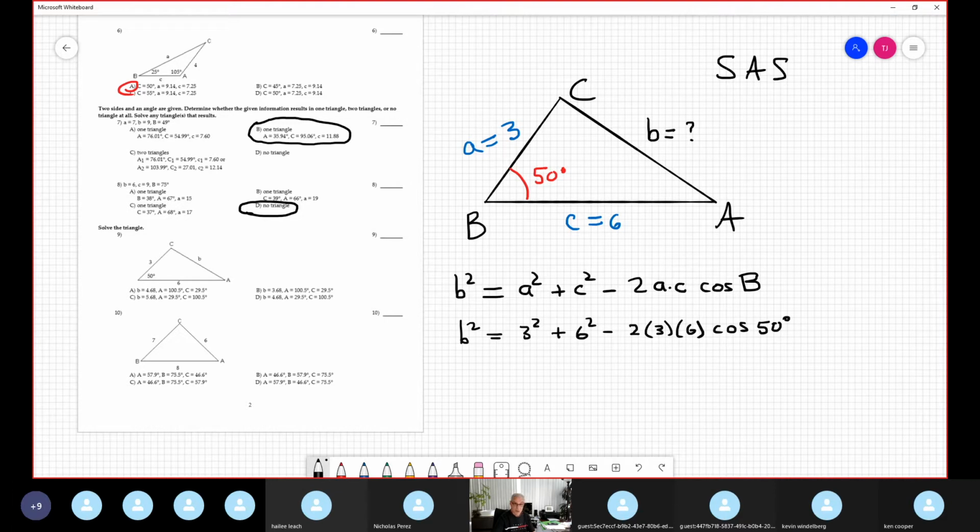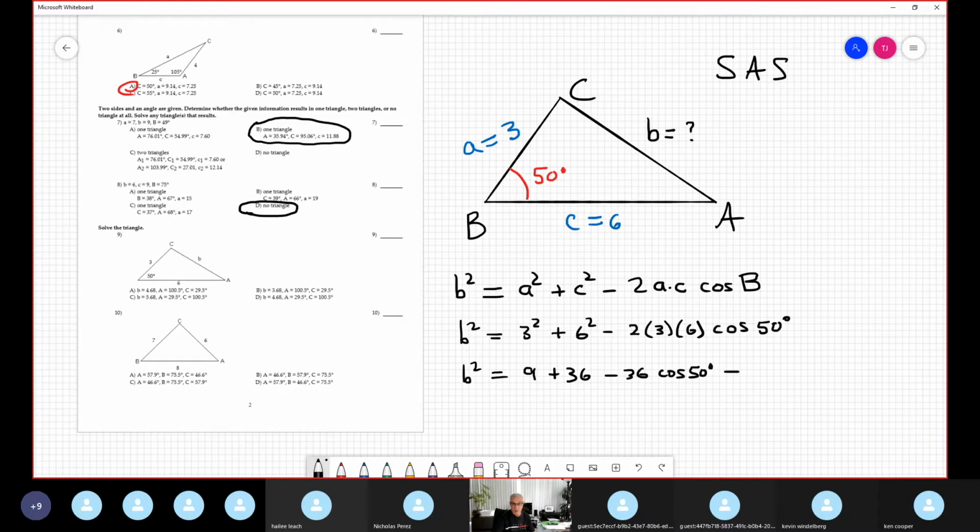Okay, this is 9. This is 36. This is 36 again, because it's 18 times 2. And cosine 50, I have no idea because this is not a fundamental angle. The only possibility we have is the calculator.